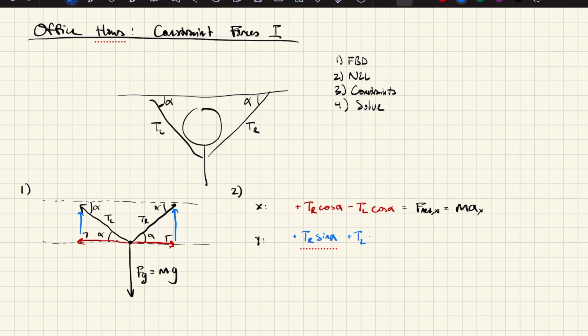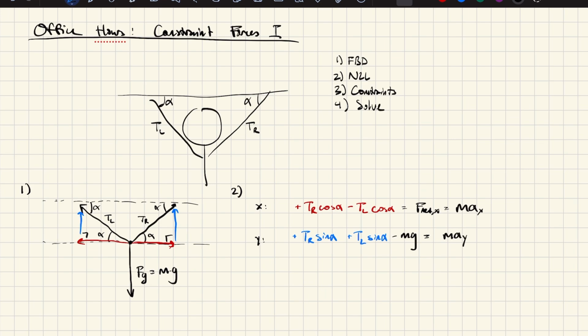So we have TL sine alpha, because once again, the vertical component is opposite the angle we've picked. And we also have a third force, which is the gravitational force, which points downwards. So we have minus mg. And these three added up make up all the forces in the y direction, so they had better tell us something about the net force in the y direction.